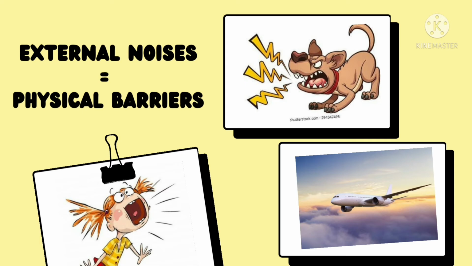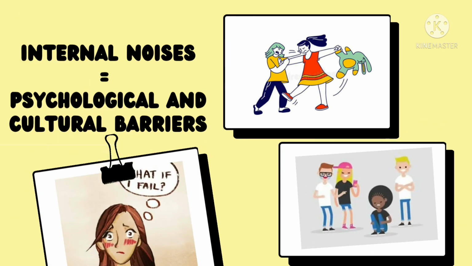For example, noise from vehicles, singing in the neighborhood, visual aids in front of the classroom, the dog barking, and the sound of airplane. Communication breakdown may occur when problems in any of the elements involved arise.